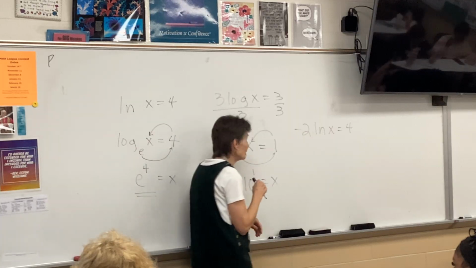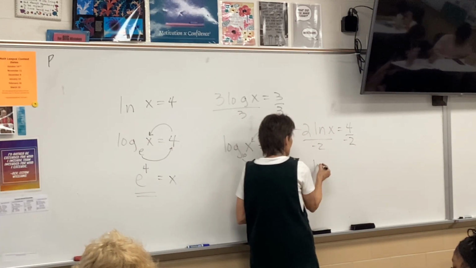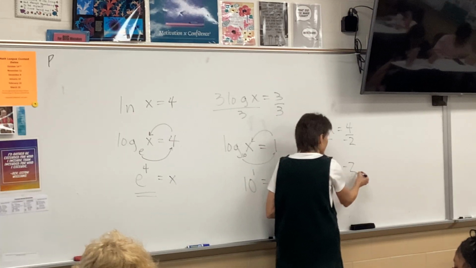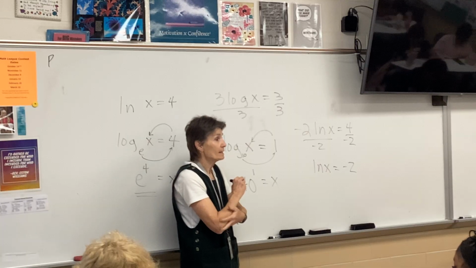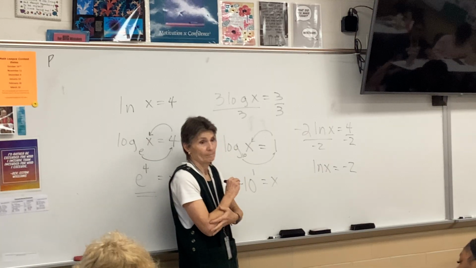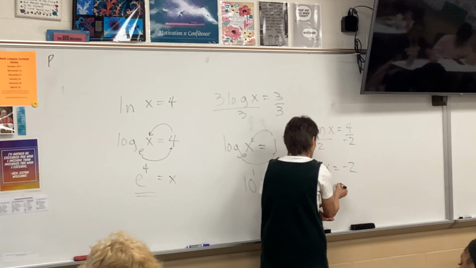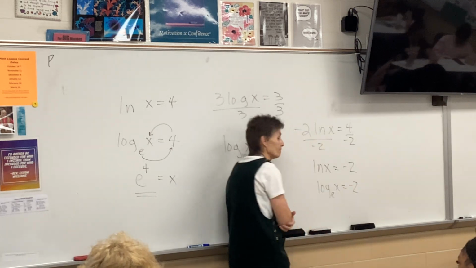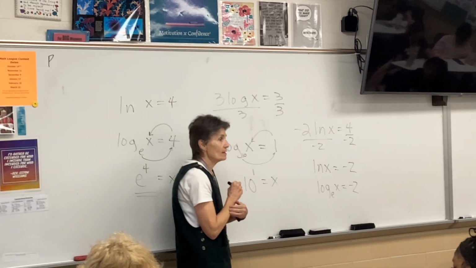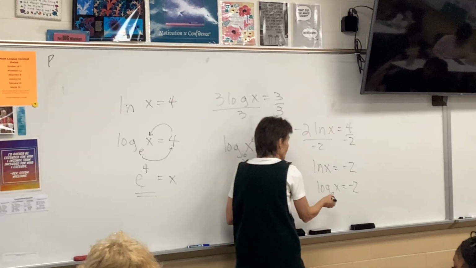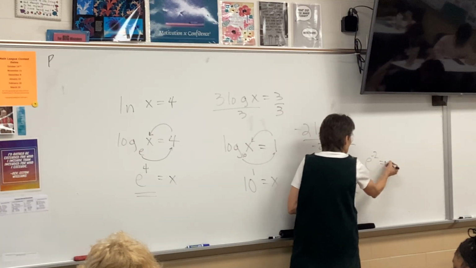Exactly. That's what you're gonna do. You're gonna divide by -2. So then it says ln x equals -2. What does ln x stand for? Log base e. Right? And then what do we get when we loop-de-loo it? e to the negative second. e to the -2 equals x.